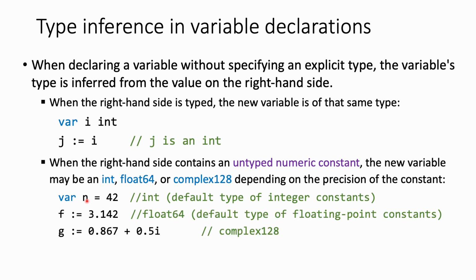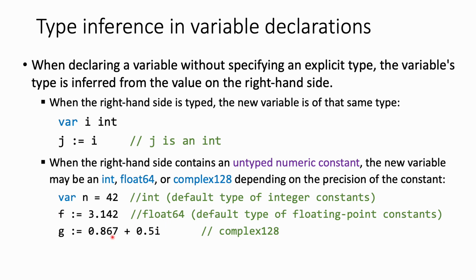Float64 is the default type of floating point constants, which are any numeric values written with the decimal point. So in this short variable declaration f := 3.142, the variable f will get type float64.